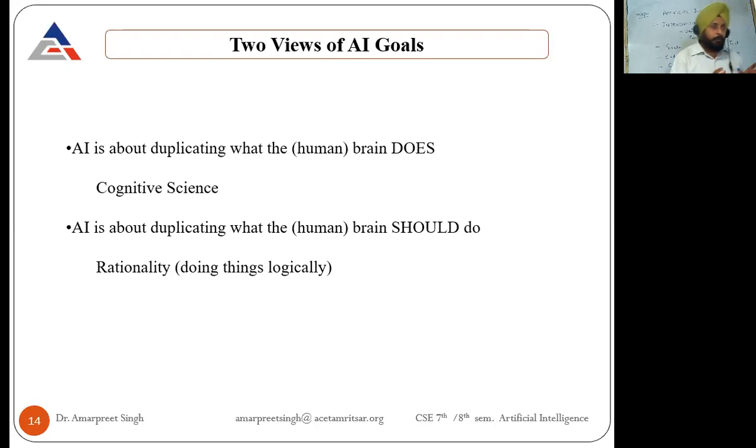This goal basically comes under cognitive science: what a human is doing, the AI machine should do that only. It is another matter whether what a human is doing is right or wrong. Next, AI is about duplicating what the human brain should do.